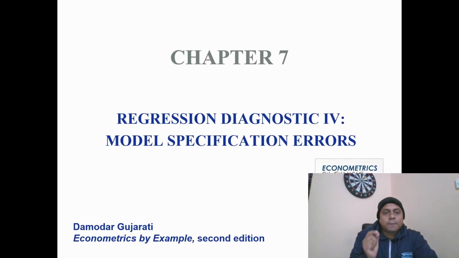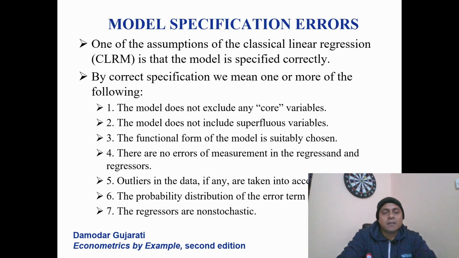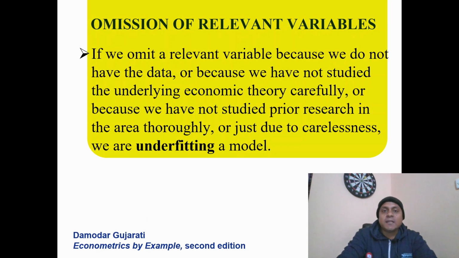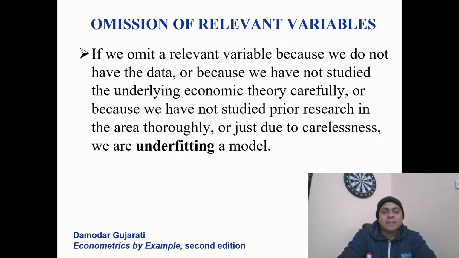Another thing to keep in mind is the model specification error, which arises if you omit an important variable from your model. If we omit a relevant variable because we do not have the data, or because we have not studied the underlying economic theory carefully, or because we have not studied the prior research in the area thoroughly, just due to carelessness, we will be underfitting our model.